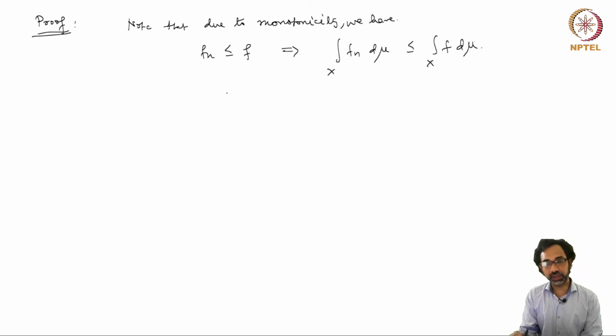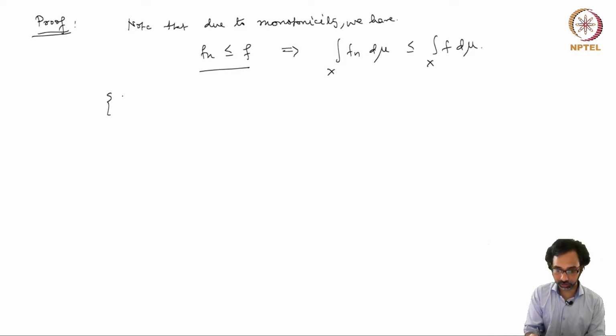So of course, if Fn is a non-decreasing sequence converging to a function f, then the limit bounds all the Fn's. So we have Fn is less than or equal to f, and this implies by the monotonicity property that the integrals also satisfy this inequality.